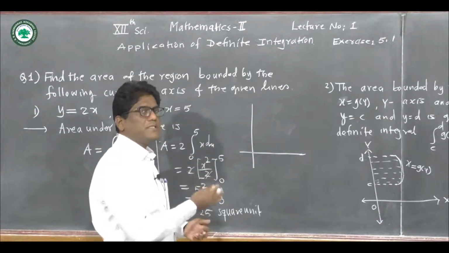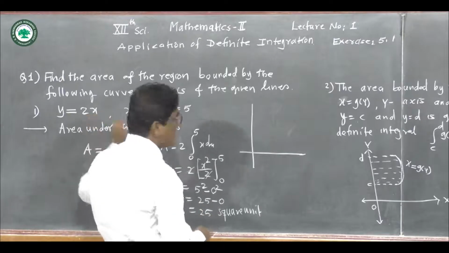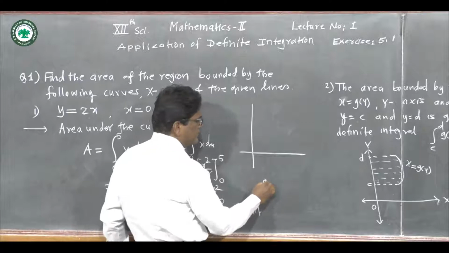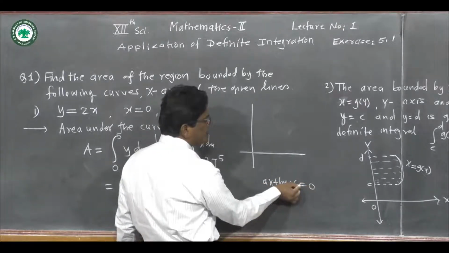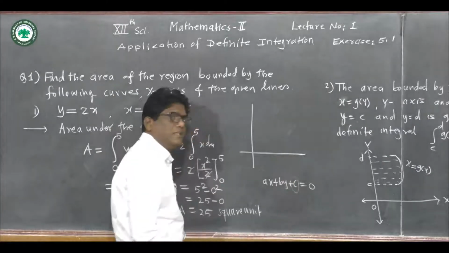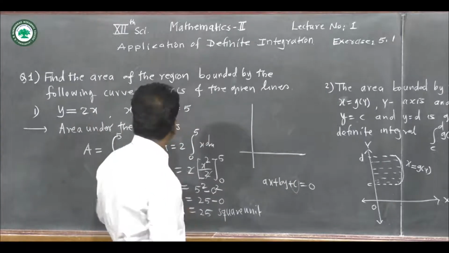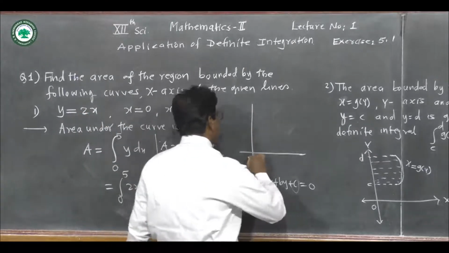Here the power of x and y is 1, so it is a linear equation, so it is a straight line. Also the constant term is absent. We know that the general equation of a line is ax plus by plus c is equal to 0. And if this c is absent, then that line passes through the origin. Here the constant term is not present, so the given line passes through the origin. So suppose this is the line.